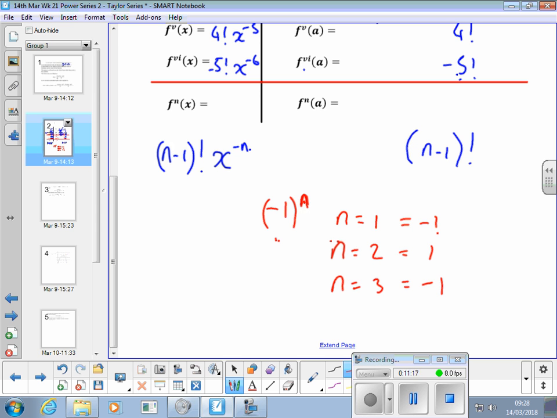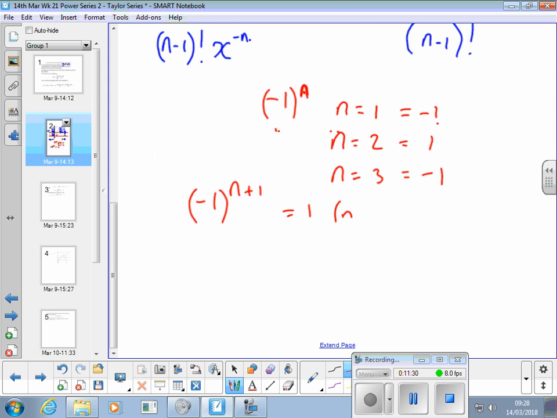So when n is 1, how can I make that 2? Plus 1. Yeah, if I do minus 1 to the n plus 1, then when n equals 1 that equals 1, when n equals 2 that equals minus 1, and so on. It'll keep changing the sign every time.